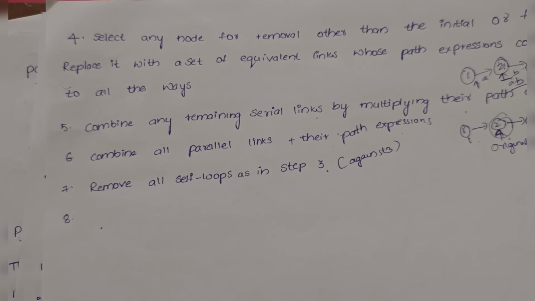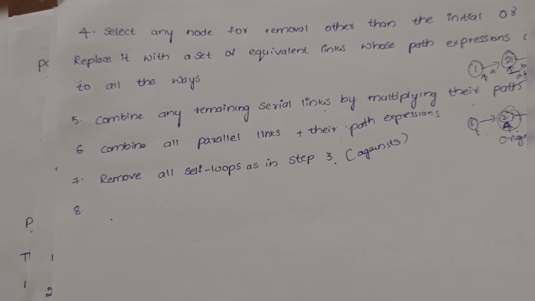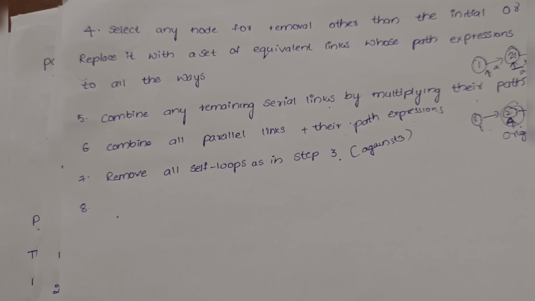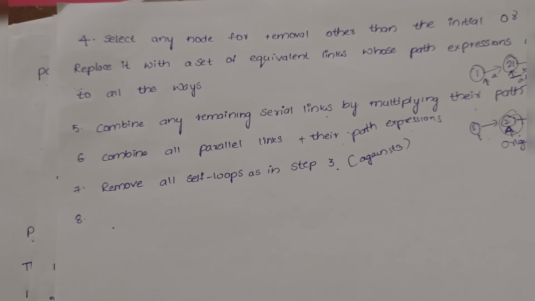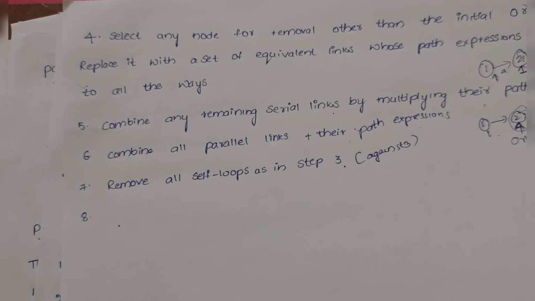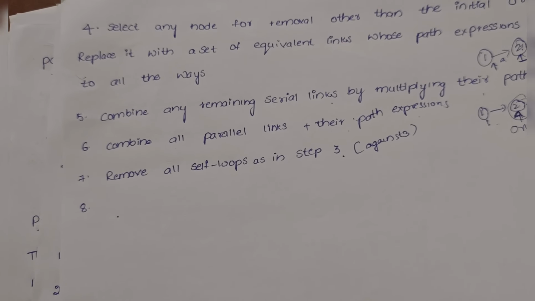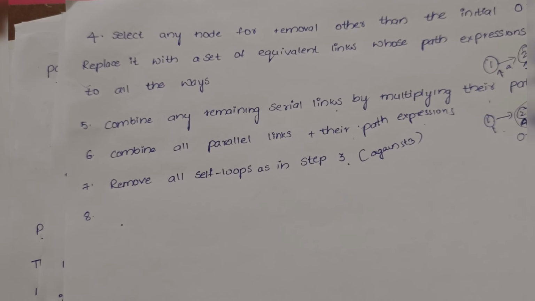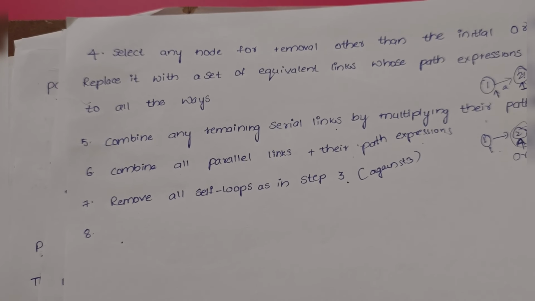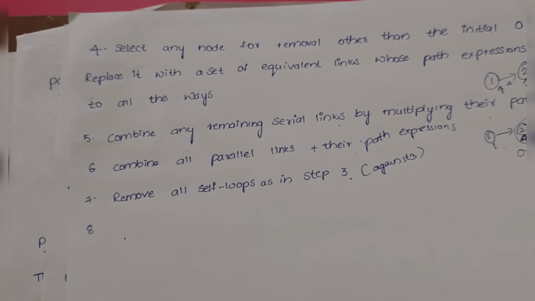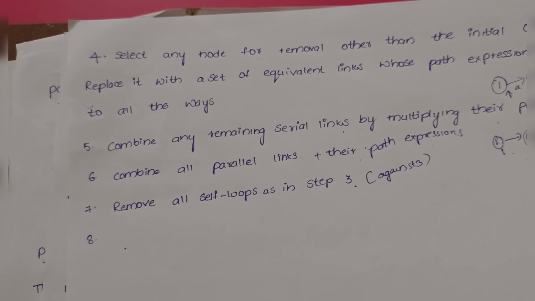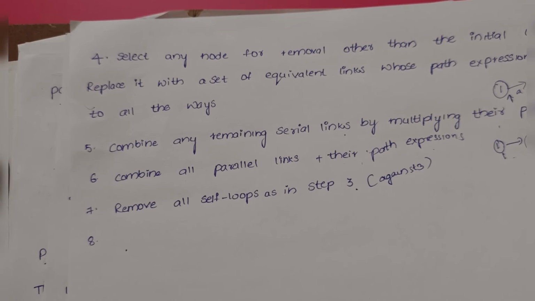A flow graph can have many equivalent path expressions between a given pair of nodes, which is nothing but many different ways to generate the set of paths between the nodes without affecting the content of the set. We can also say that if there is a graph between 1 and 2, 2 and 3, 3 and 4, and 4 and 1, this is a flow graph.